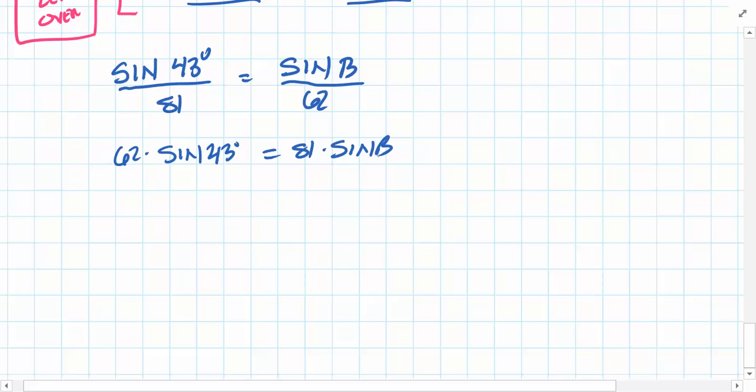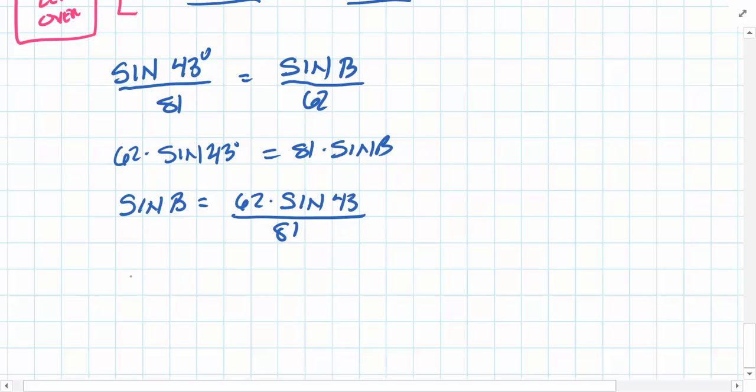Everybody on board so far? Moving right along, the sine of B is equal to 62 times the sine of 43, all divided by 81. Still on board with me?